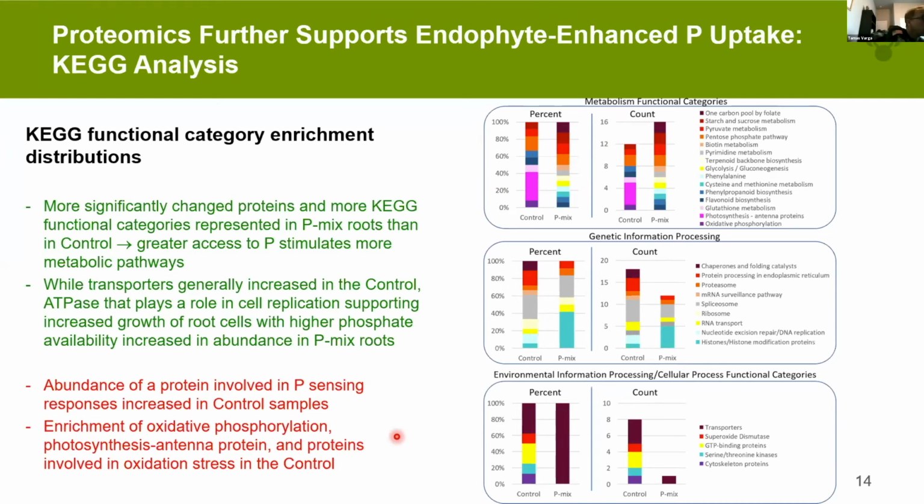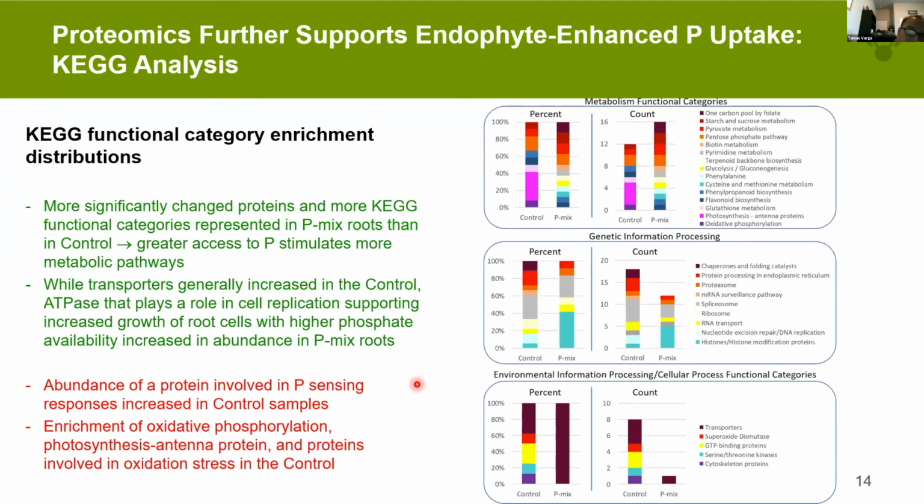Also, the transporter proteins that were generally increased in the control, one of them, the ATPase, that plays a role in the cell replication that supports increased growth of root cells, showed increase in the PMIX roots.